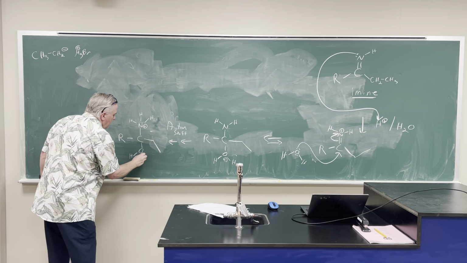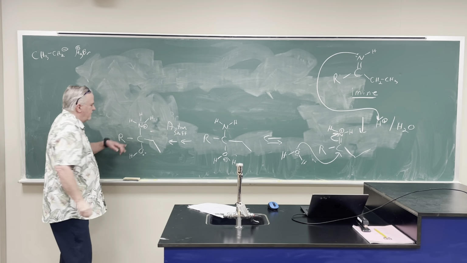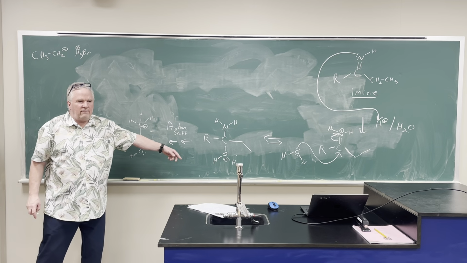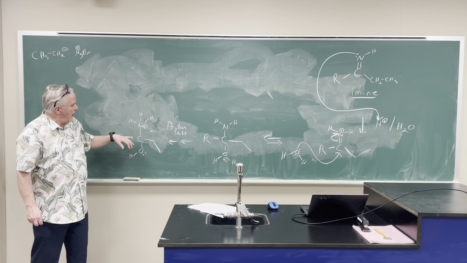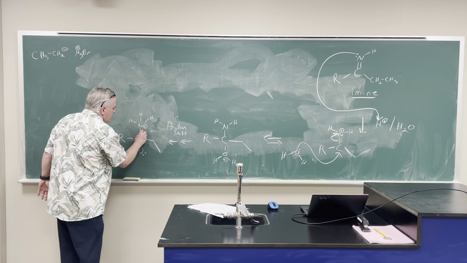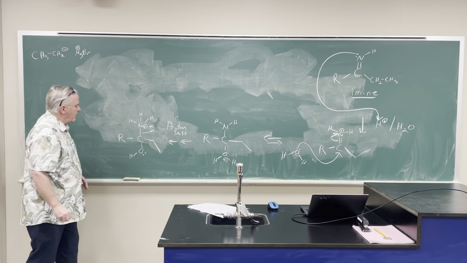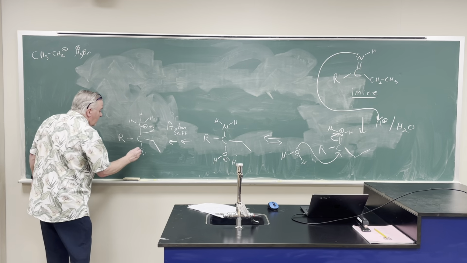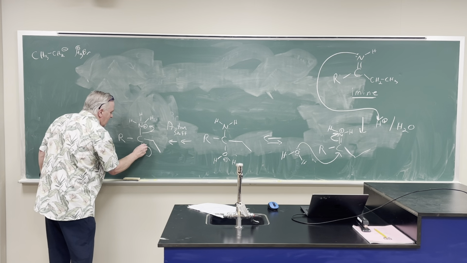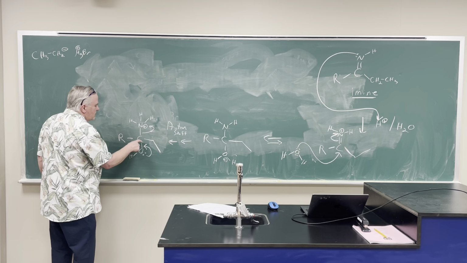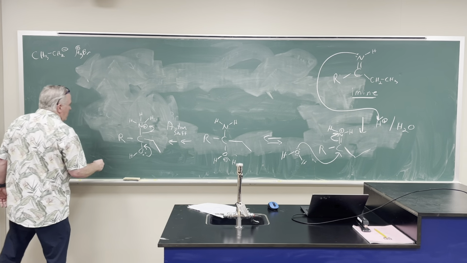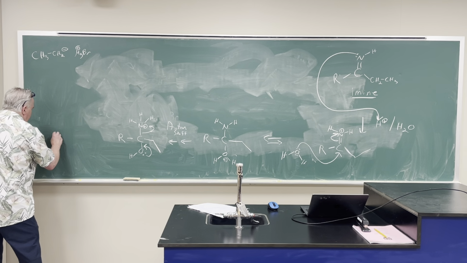Okay, and that can leave, just like water could leave, this is going to leave as ammonia, okay? I'm going to push it off. I don't have to. I could just do this and have a kind of a carbocation, but I'm going to push it off, and I'll tell you why in just a second. So I'm reorganizing these electrons to make a carbon-oxygen double bond and kick off that thing as ammonia.